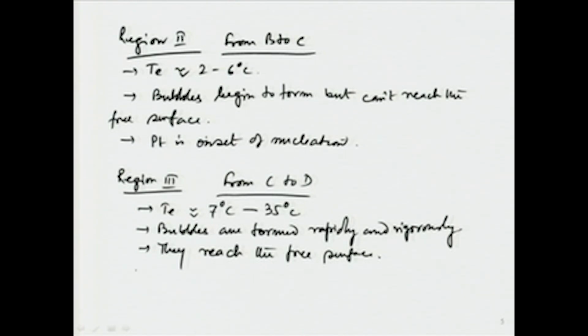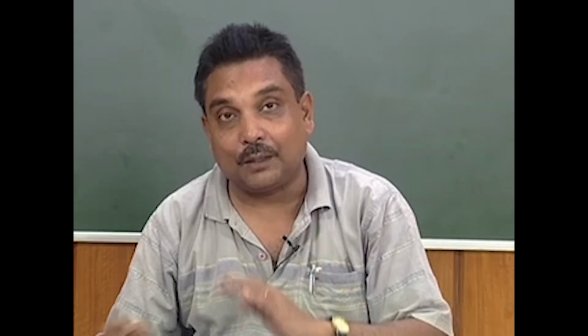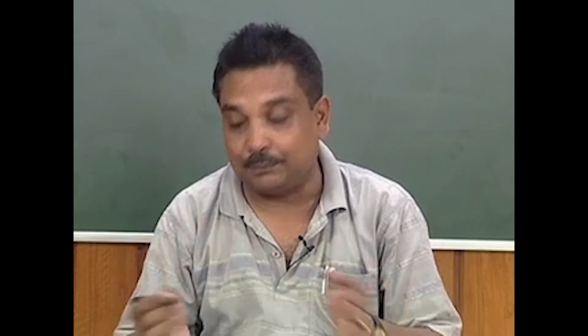Then near point D, when the excess temperature is nearly equal to 35 degrees centigrade or so, the bubbles show a lot of activity, with a lot of breakage and coalescence of bubbles.